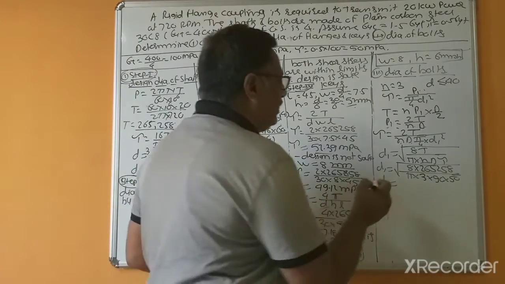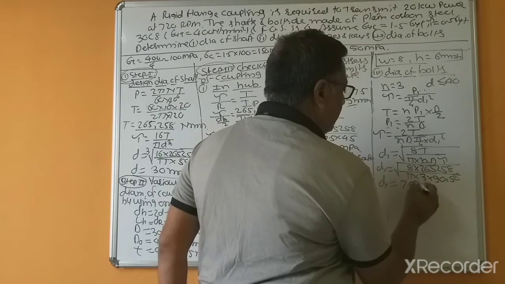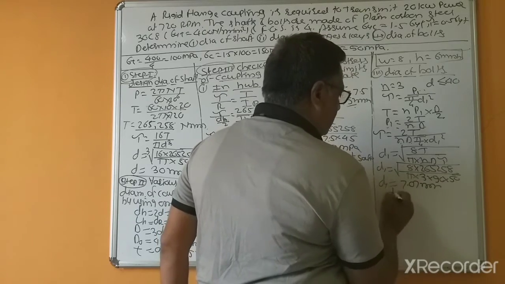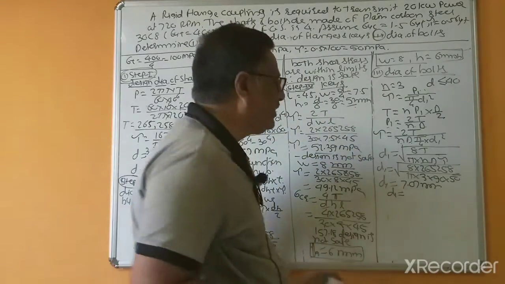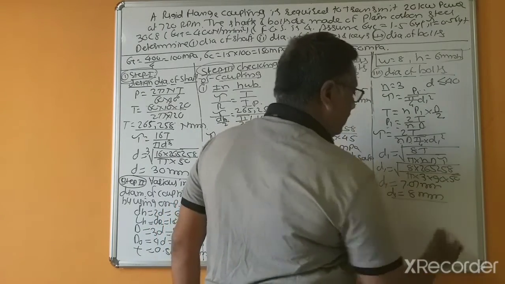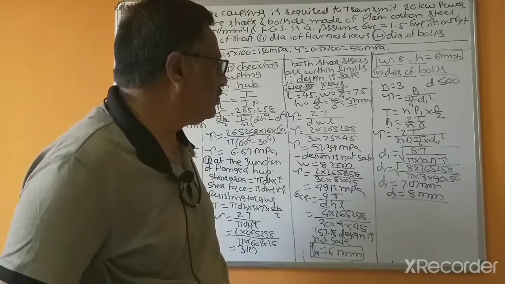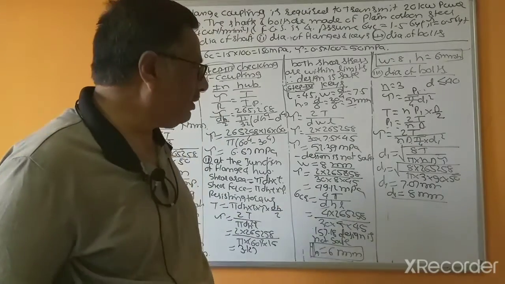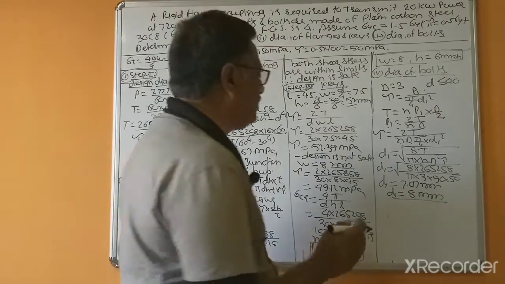D1 equals 7.70 mm. Otherwise we will slightly increase to a standard diameter, which is 8 mm.